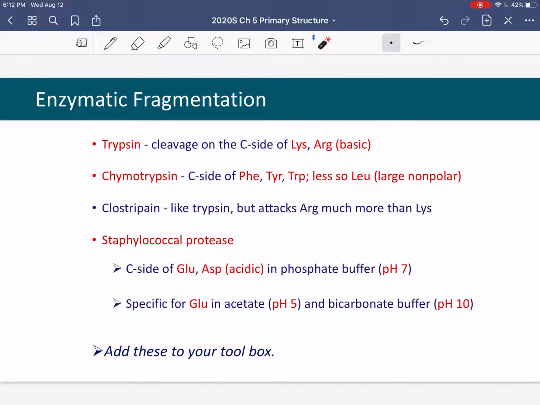All right, trypsin is specific for addition of water across the peptide bond that follows a lysine or arginine amino acid. That's what's meant by the C-terminal side. It's the peptide bond after the lysine and the arginine. Remember how I said carboxypeptidases cleave the peptide bond before the C-terminal amino acid?